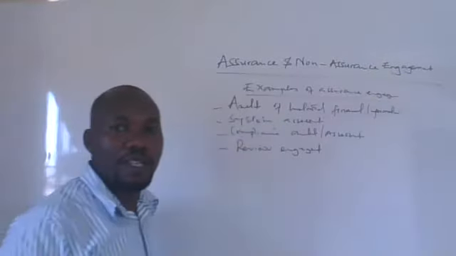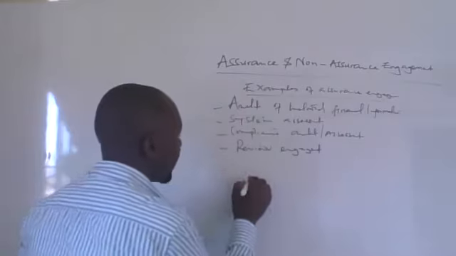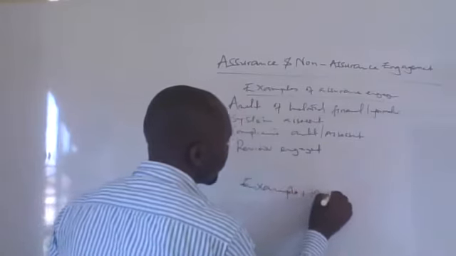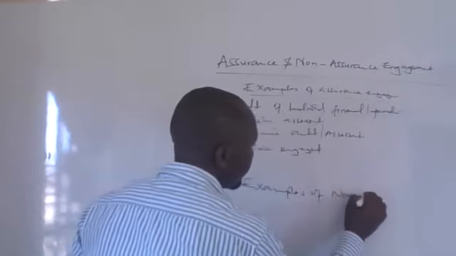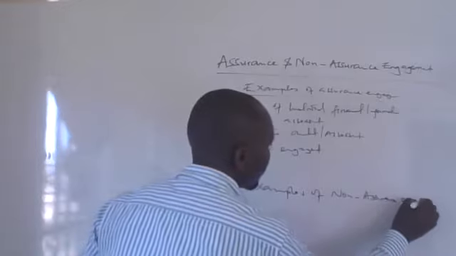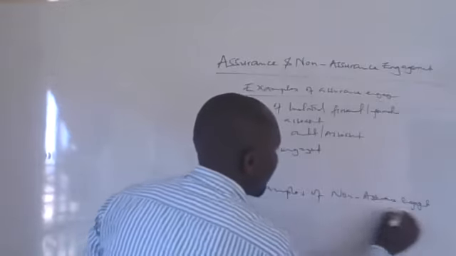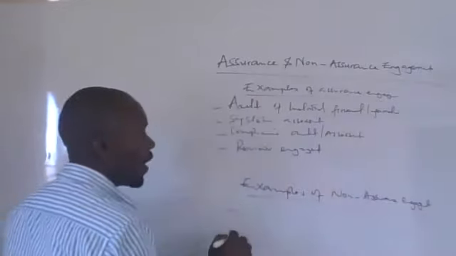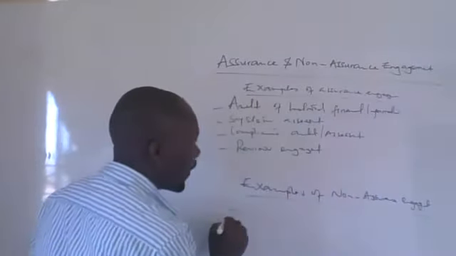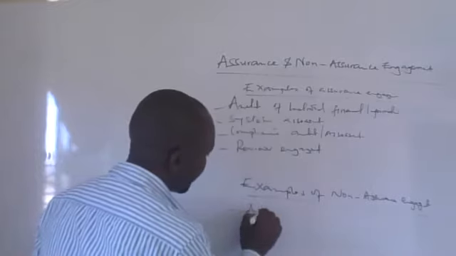Then we have non-assurance engagement. Non-assurance engagement examples. Number one, we have agreed upon procedure.